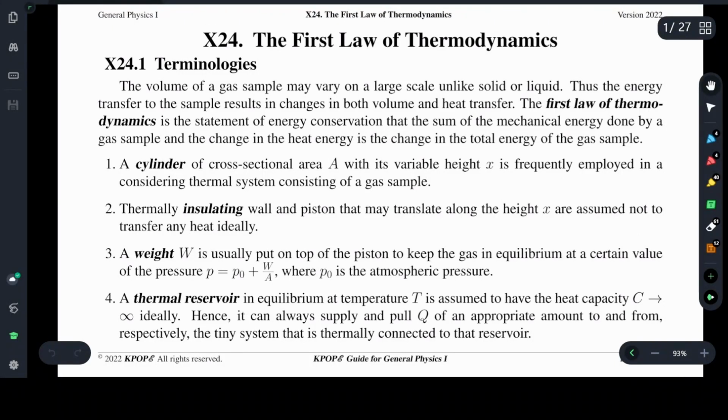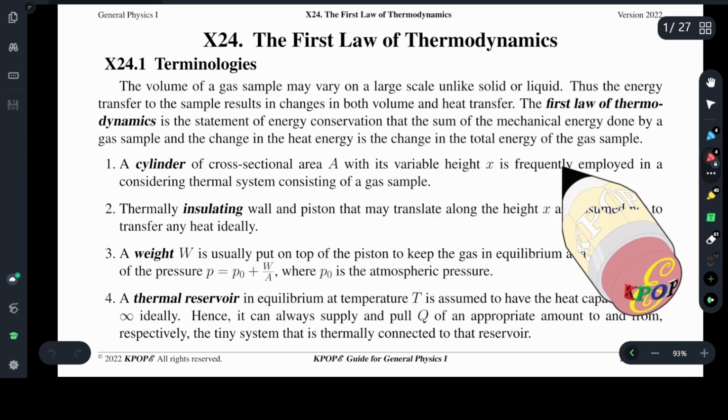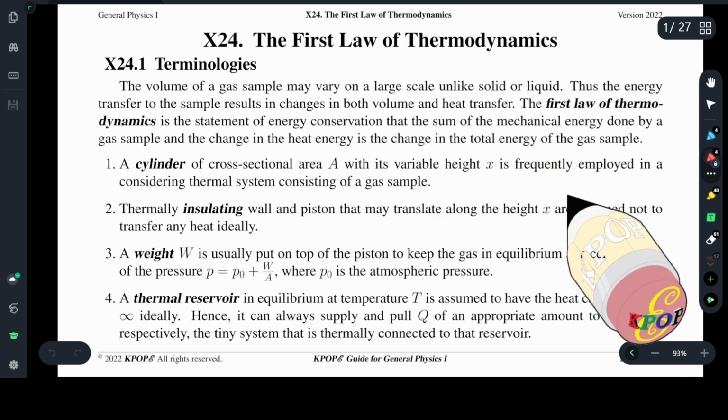In this class, we study the first law of thermodynamics. The first law of thermodynamics is nothing but conservation of energy.